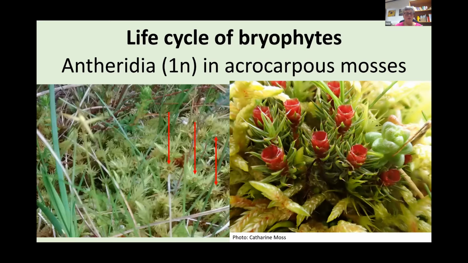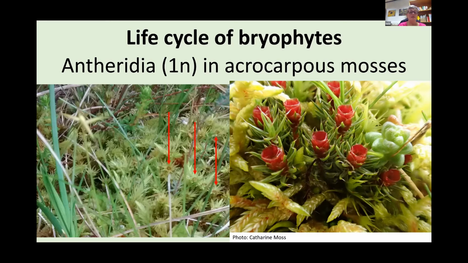Okay, so looking at acrocarpous mosses, there's a lot of acrocarpous mosses that seem to be the easiest way for you to have a look at antheridia, because acrocarpous mosses tend to have their sporophytes at the tip of the shoot. They also tend to have the antheridia, if they're male plants, at the tip of the shoot.